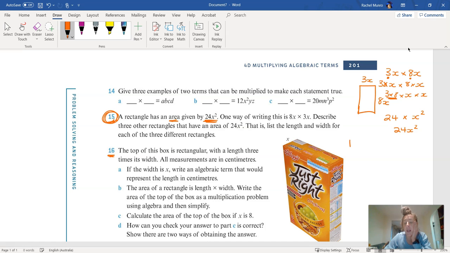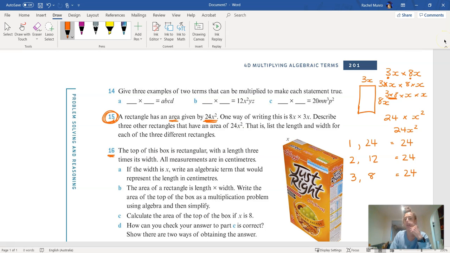I know that 1 and 24 will multiply to give me 24. I know that 2 and 12 will multiply to give me 24. So these are factors of 24. I already know that 3 and 8 works to give me 24. What other numbers are factors of 24?